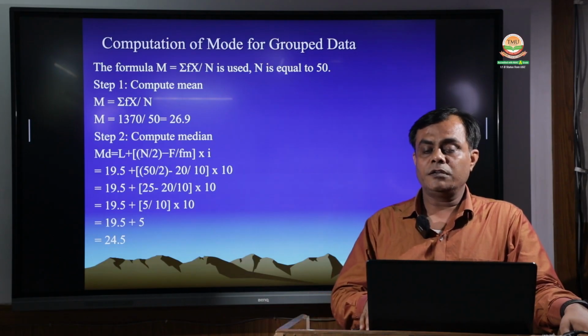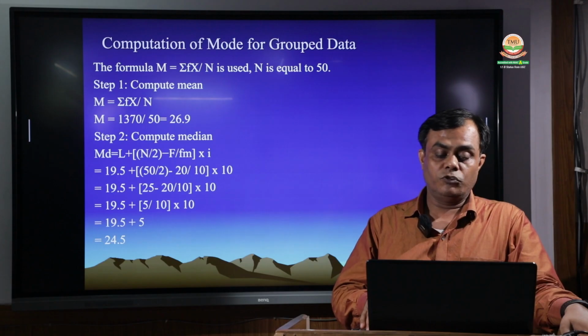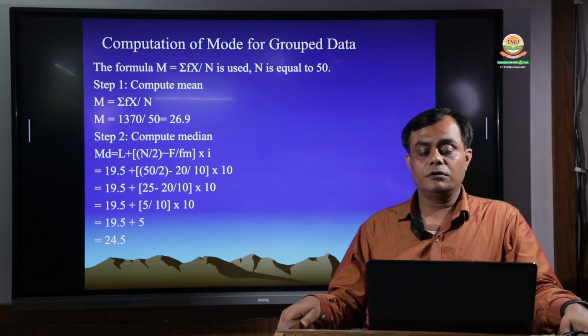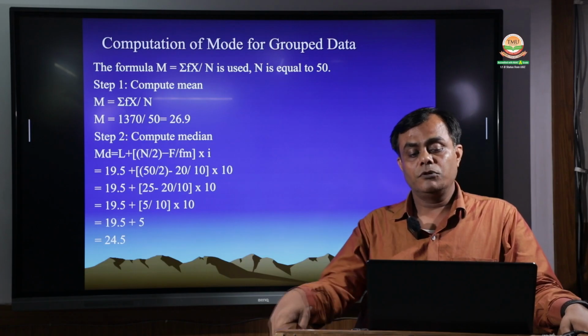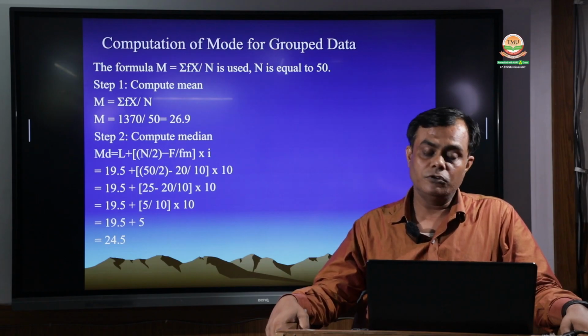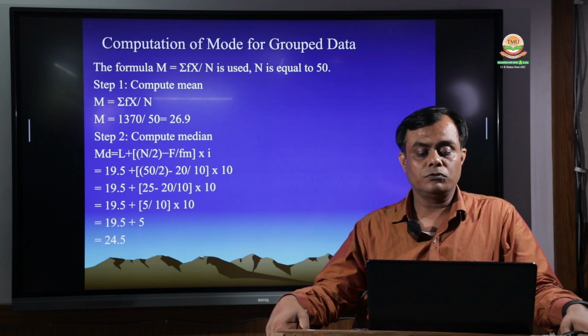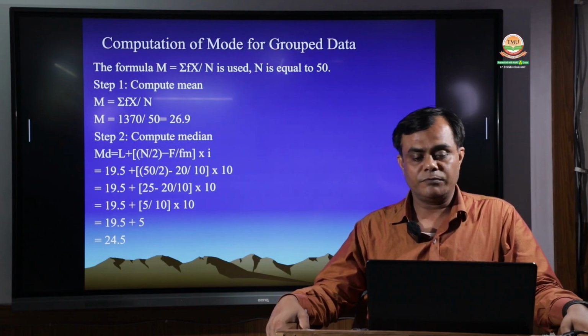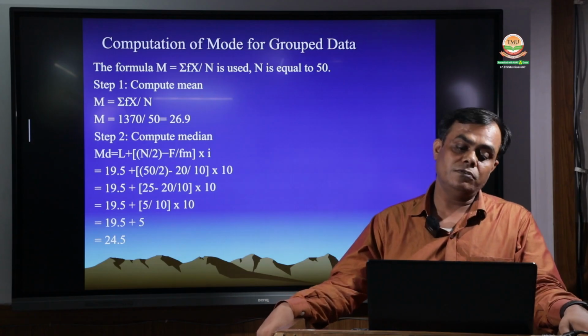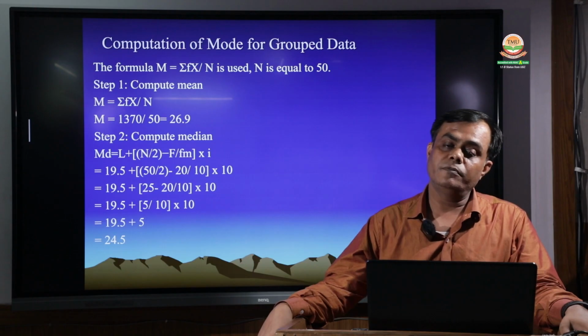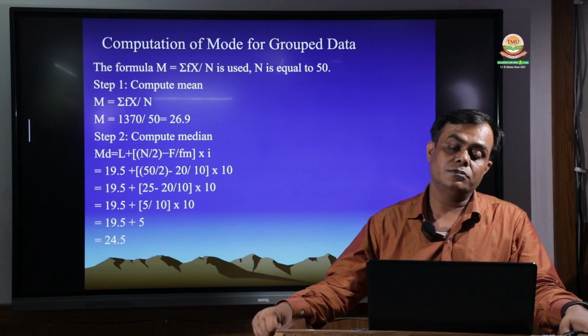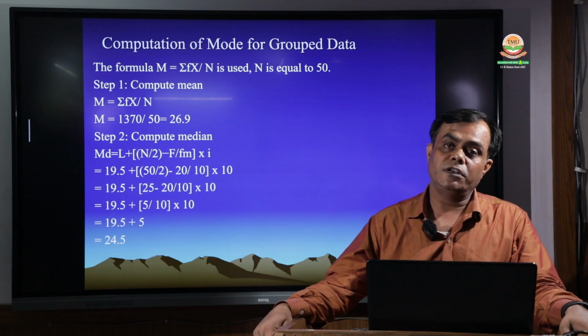So by getting the mean value and the median value, we are going to calculate the mode value. The mode is denoted by Mo = 3 median minus 2 mean. So mode is equal to 3 multiplied by 24.5, where 24.5 is the median value, minus 2 multiplied by 26.9, where 26.9 is the mean value.